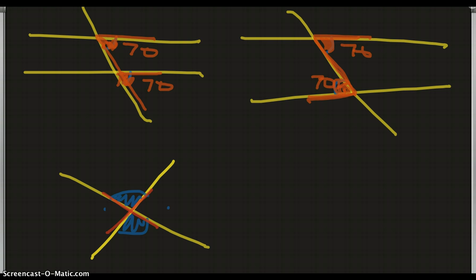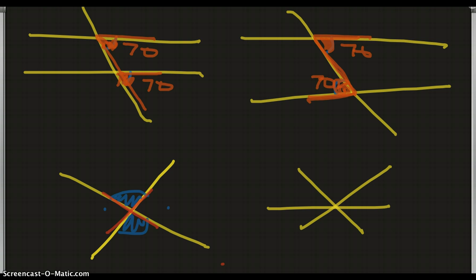So then the next one we have is going to be our supplementary angles. So when we look at supplementary angles, we know that a straight line equals 180, right? So now if I have one line going through it and I have another line going through it and I go, what are my angles up in here?